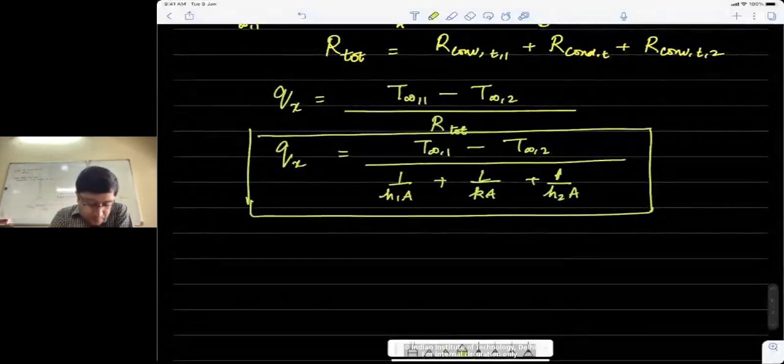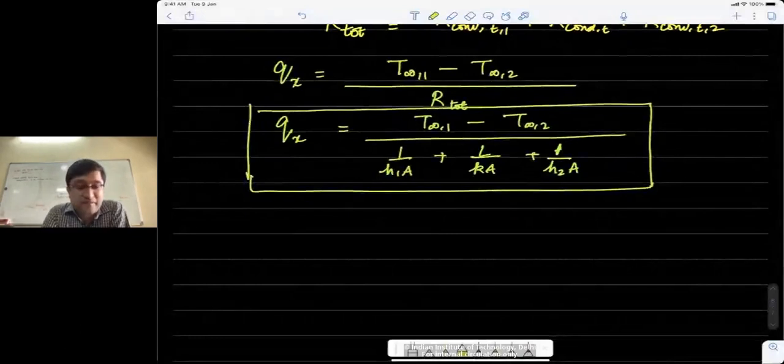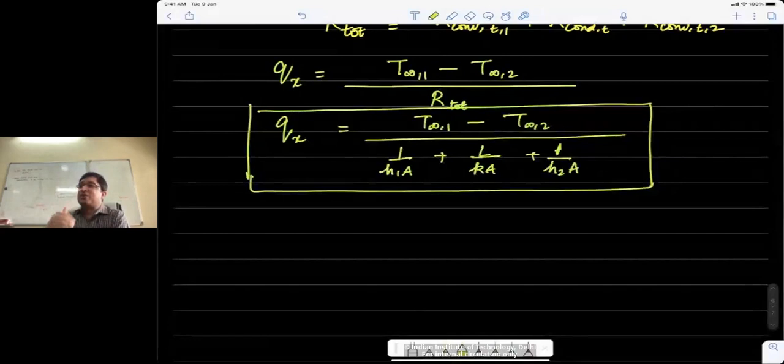So, sir, is this relation only valid for steady states? That is a very good question. So what do you think? What is it that we assumed because of which we got this equation? Del T by del t is equal to 0.